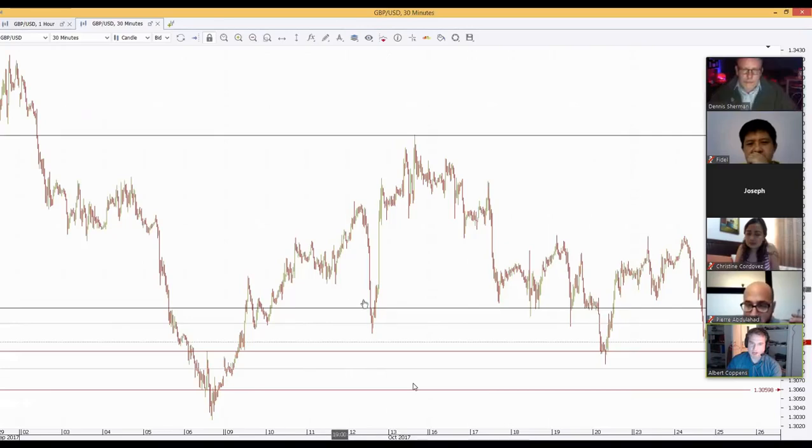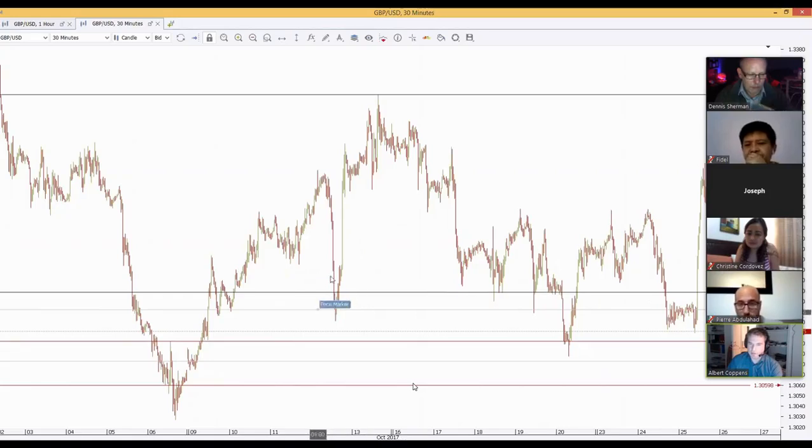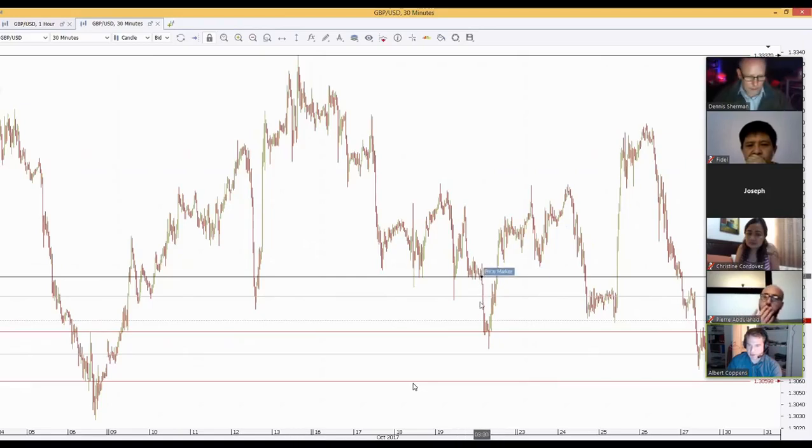Once we have a clear breakout of this level, so here it shot down, but it shot immediately back up, then we have a massive rejection, right? So here you see that's a clear breakout, and we find the NFP high of October. That was the first level.